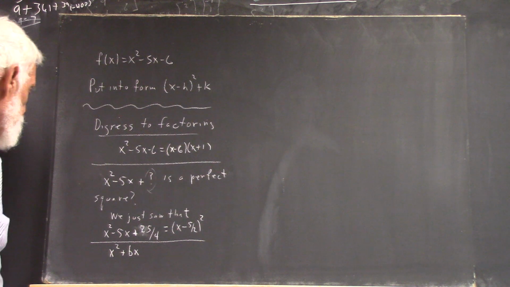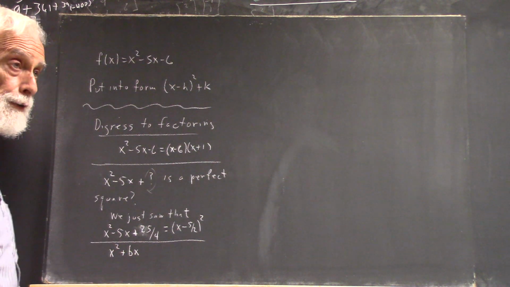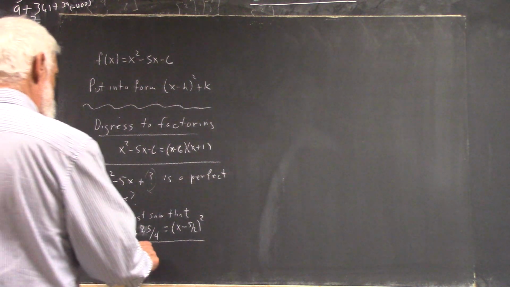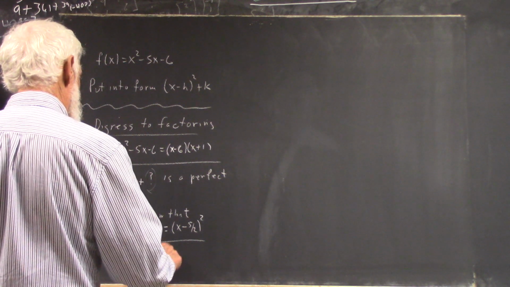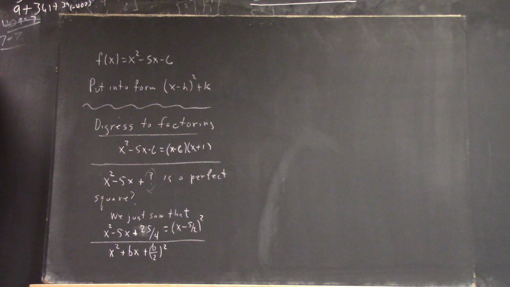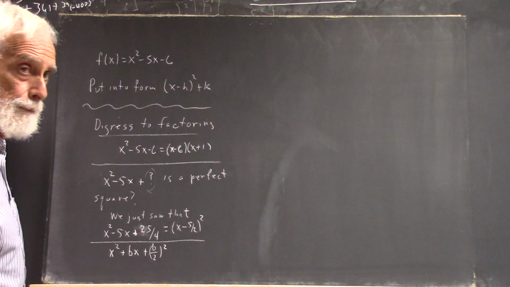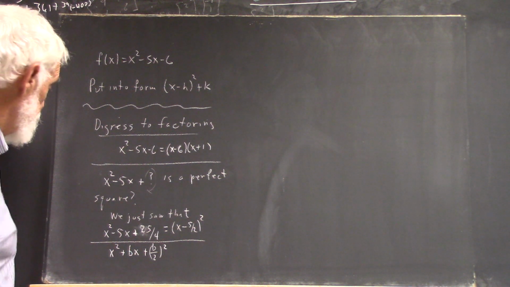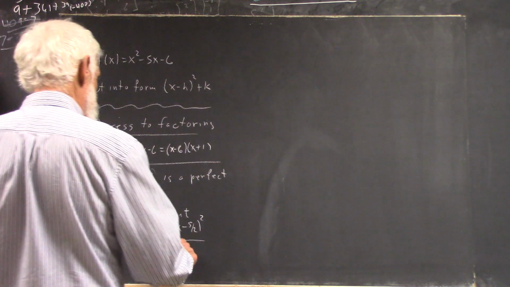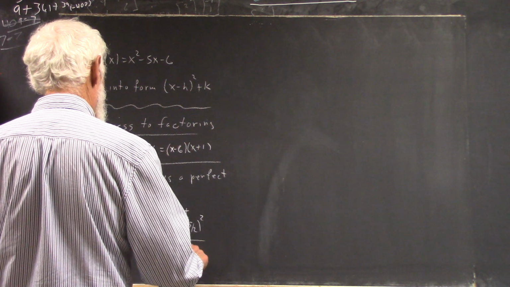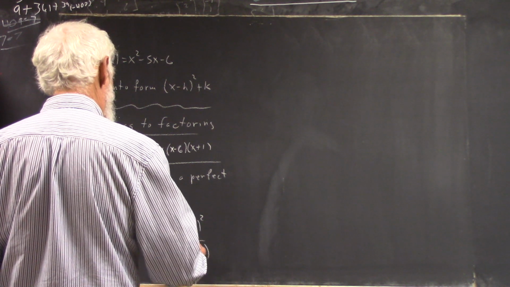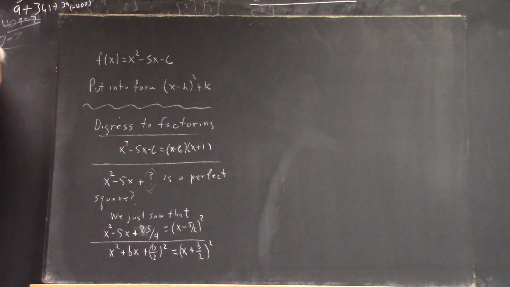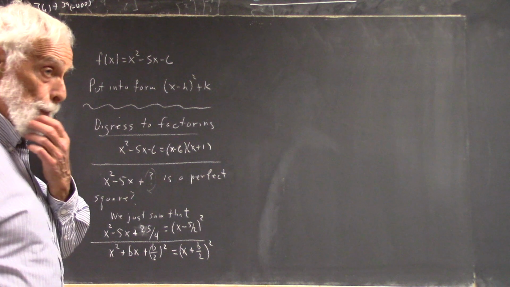Well, I'm going to say that x squared plus bx plus the square of b over 2 is the square of x plus b over 2.